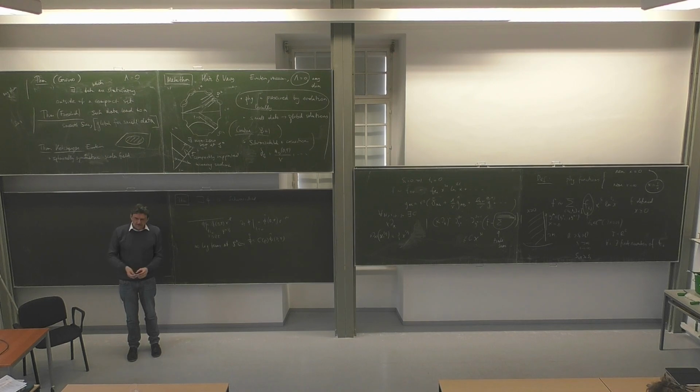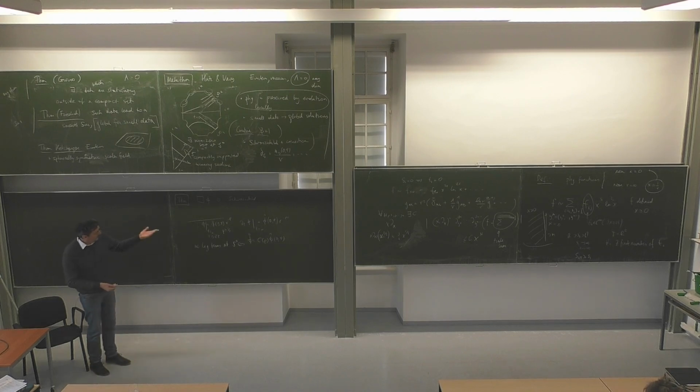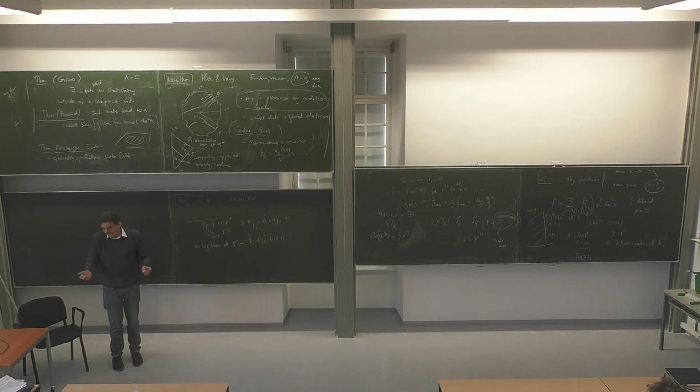Okay, so this is an example of a theorem which tells you more information. How useful is that? Well, at least it's explicit, but it's again an indication that solutions will be polyhomogeneous in general.